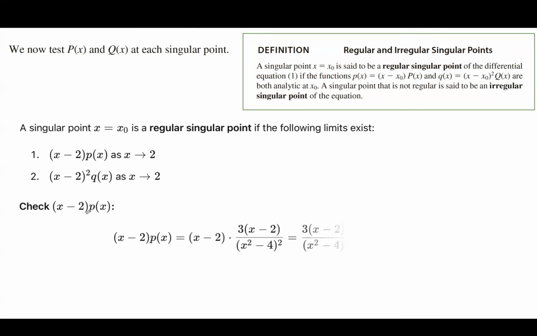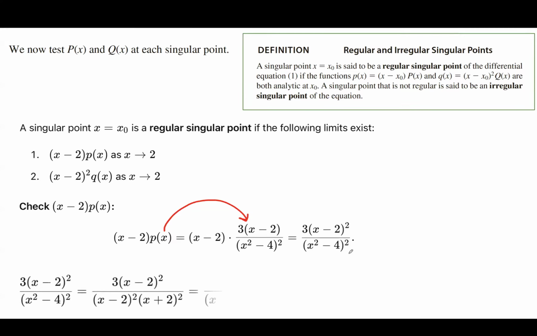So (x minus 2) times p(x), where p(x) is, as we calculated, 3 times (x minus 2) divided by (x squared minus 4) to power 2, which can be simplified further into 3 times (x minus 2) to power 2 divided by (x squared minus 4) to power 2, or in simpler version, if you get rid of the common factor on the numerator and the denominator, it is just 3 divided by (x plus 2) to power 2.